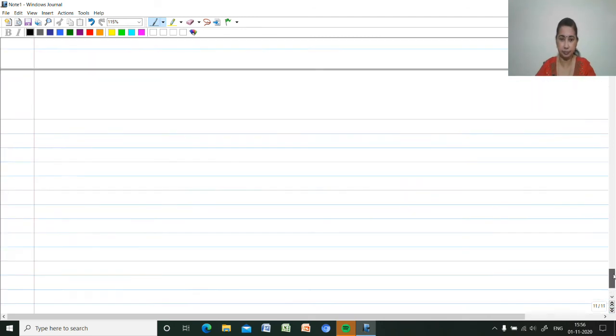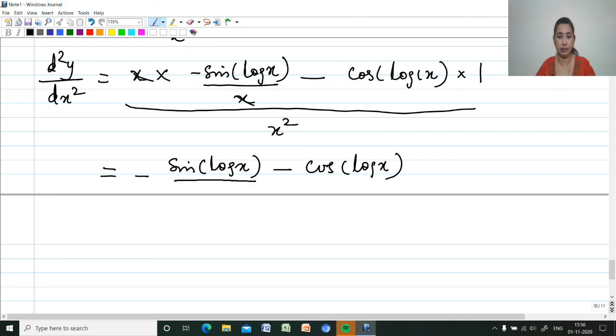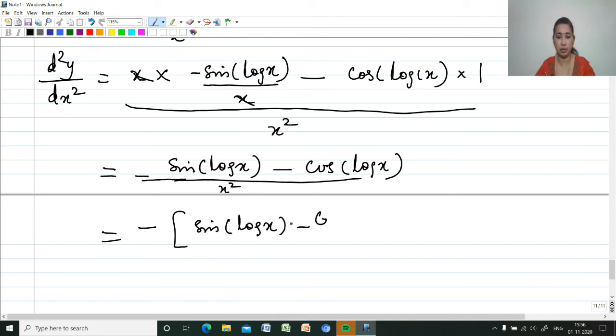Simplifying that, here x gets cancelled, and we are getting minus sine of log x minus cos of log x divided by x square, or negative sign is common, so minus of sine of log x plus cos of log x, whole divided by x square.